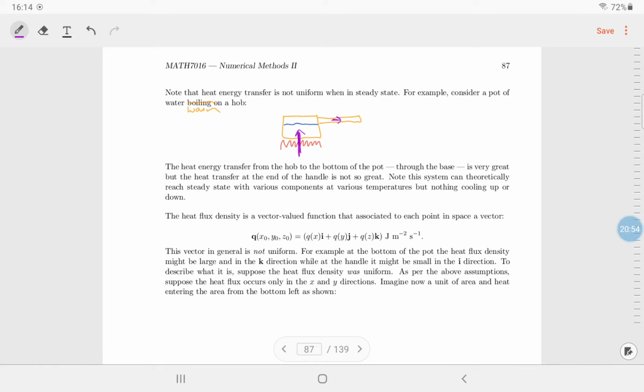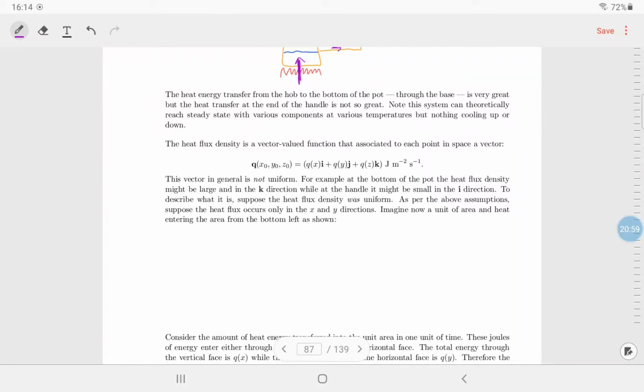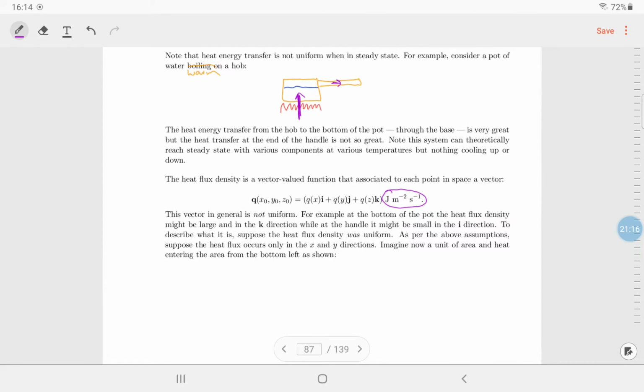So now we talk about heat flux density. We kind of have to explain this, and I think a lot of it is well explained by the units. Okay, so joules per meter squared per second. So the way you want to think about this is, say you've got some flow of heat energy.